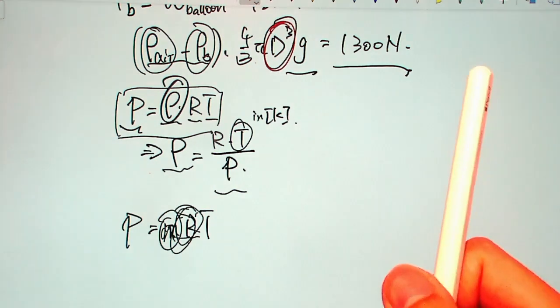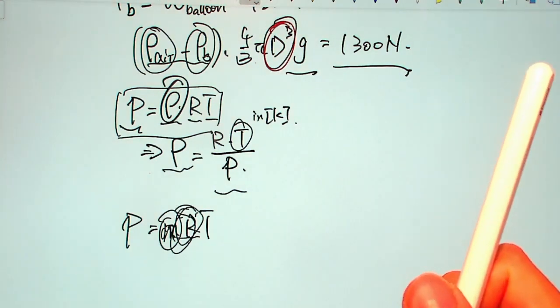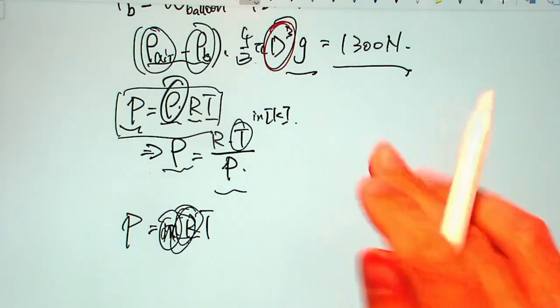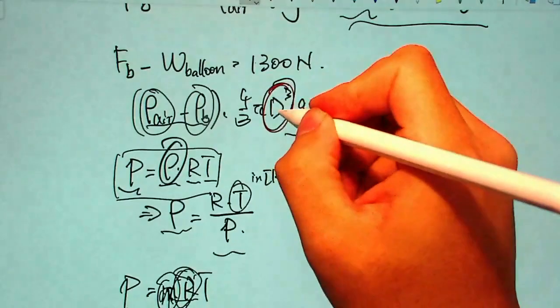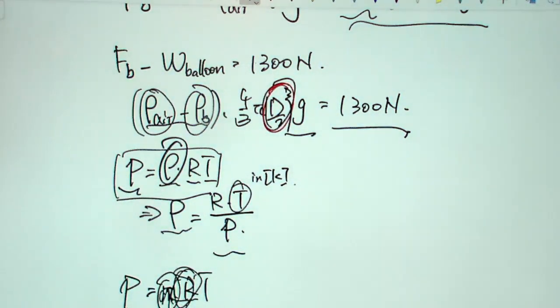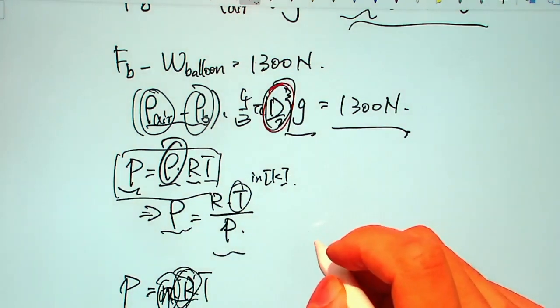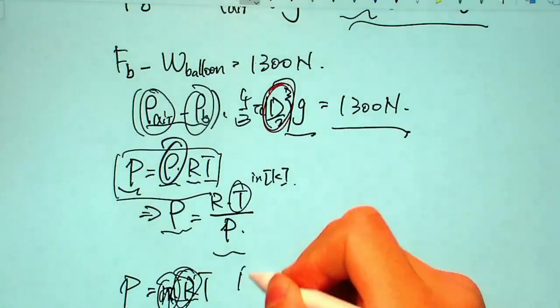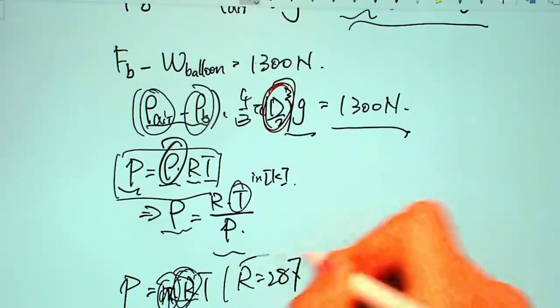Yes, please. I have a question. Isn't the D supposed to be D divided by 2? Yeah, d divided by 2, sorry. Is that all right with the ideal gas equation? But what is the value of R we're supposed to use here? Yes, here you're supposed to use 287.